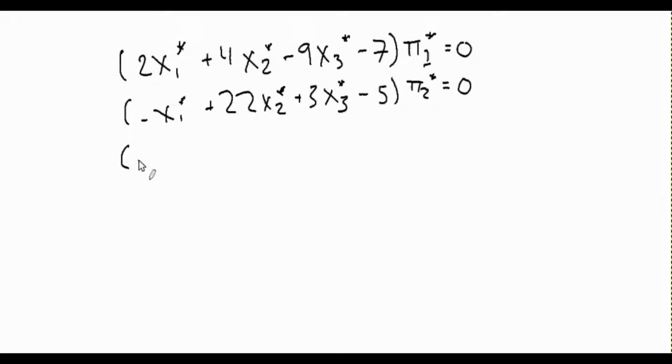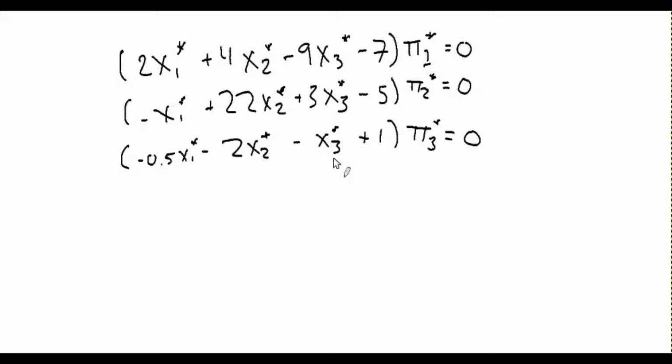We have (minus 0.5 x1 star minus 2 x2 star minus x3 star. Bring the negative 1 over to the side, so it's a plus 1) times pi sub 3 star equals 0.